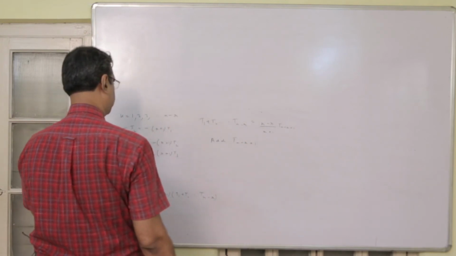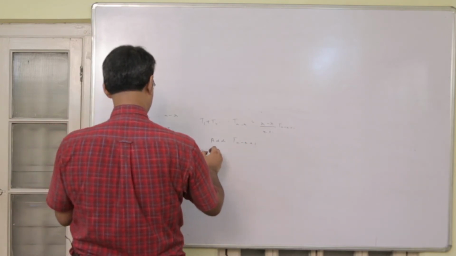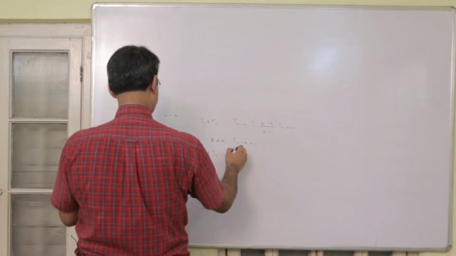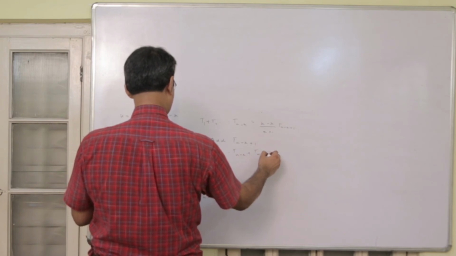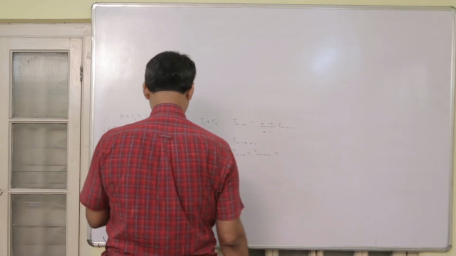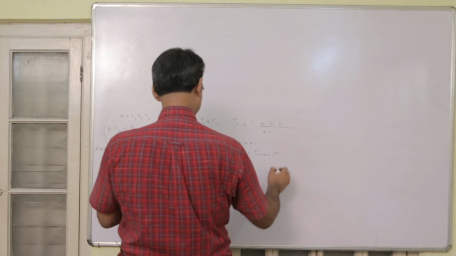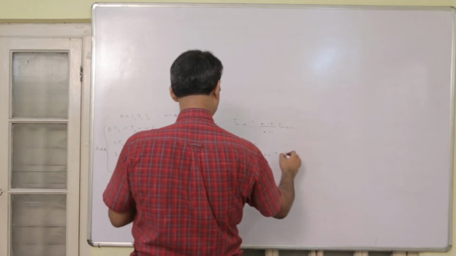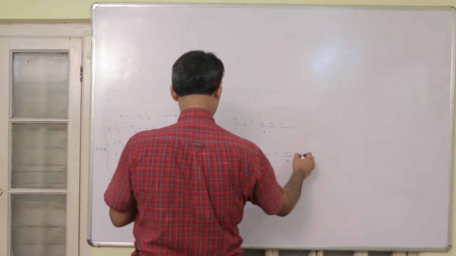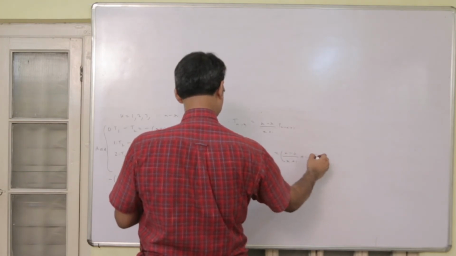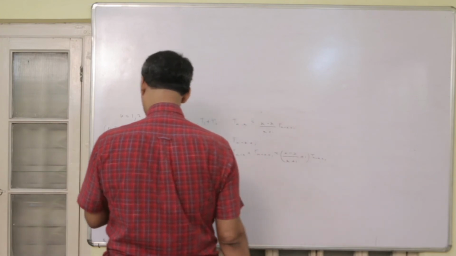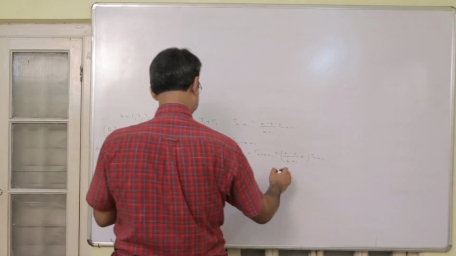So if we add Tn minus r plus 1 on both sides, this is what we will get.